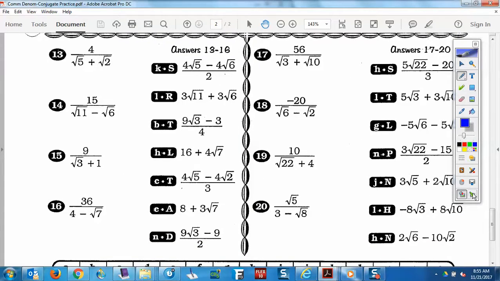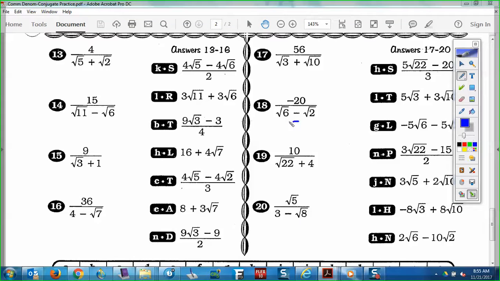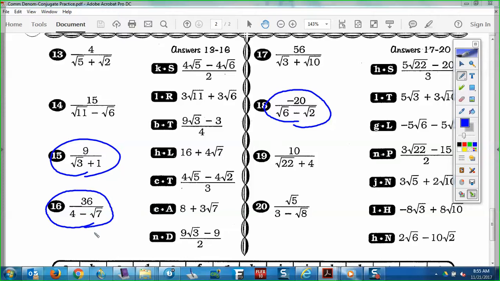For conjugate, probably any of these would be okay, like maybe that one. That one. And some of those right there.